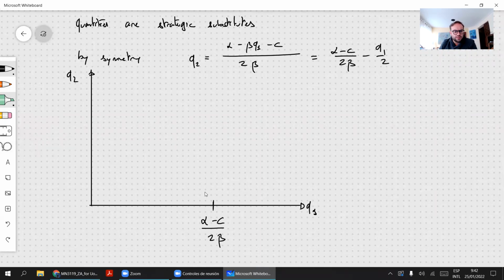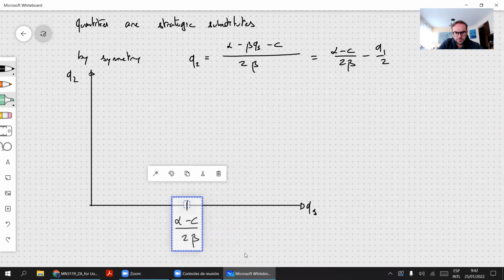I'm gonna put it a little bit to the left. I hope I can do this. Yeah, that's fine. Good.